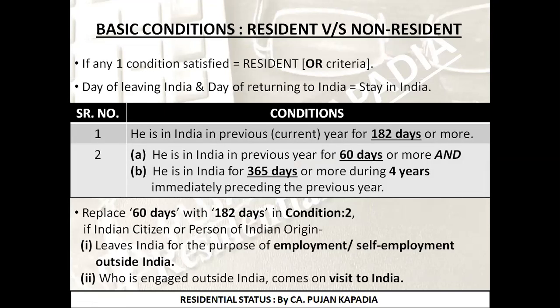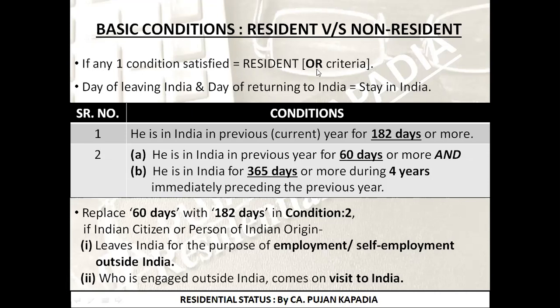Now we had started with the topic of basic conditions. The first question I am going to ask is whether this person is a resident or a non-resident. There are basic conditions which give me the answer to this question. Let us discuss quickly. The first point I have mentioned is that if any one condition is satisfied, that person will be termed a resident.